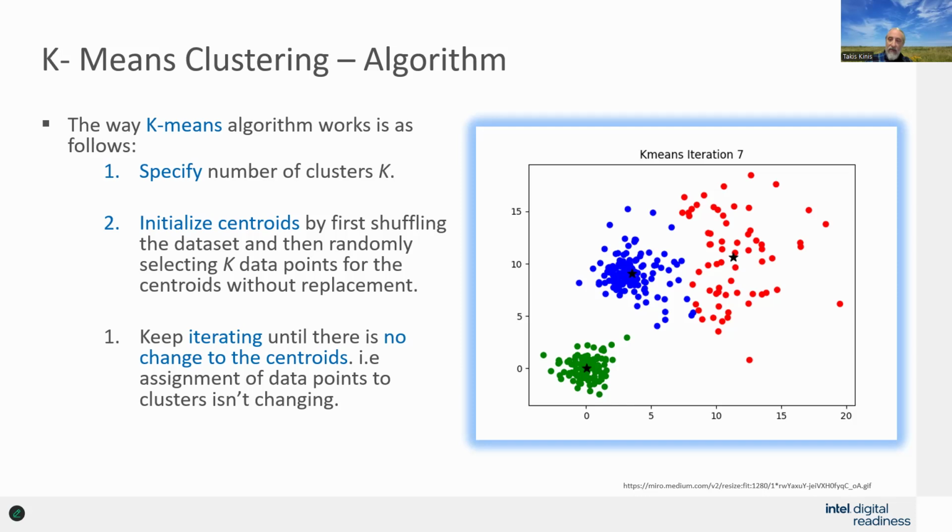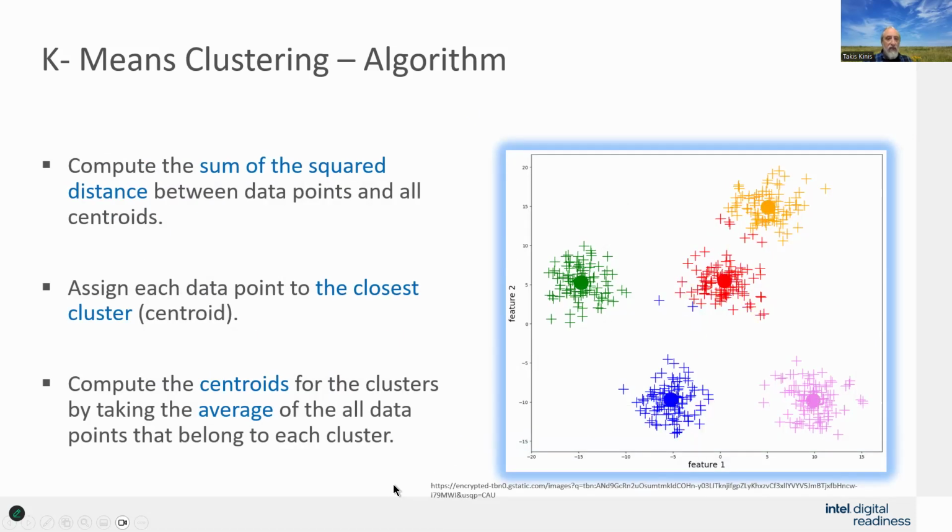This is why this is one of the primary algorithms you use for clustering, because it works so well. This is an interesting graphic too, as you watch here, because we randomly select the data points. Just look at the red one, for example. It starts out up in the yellow area, right?